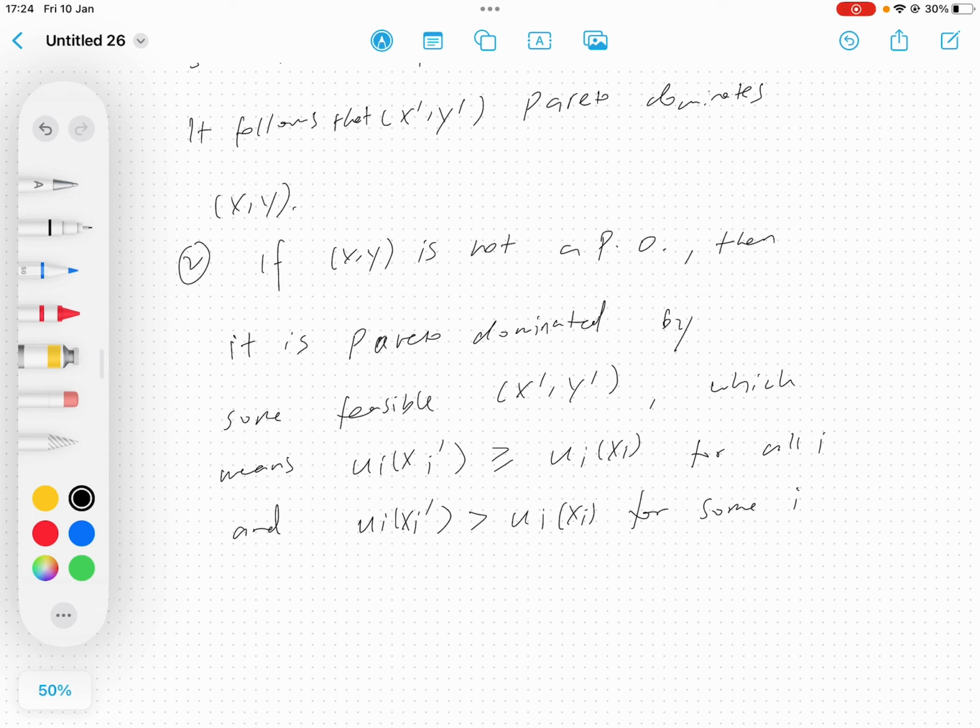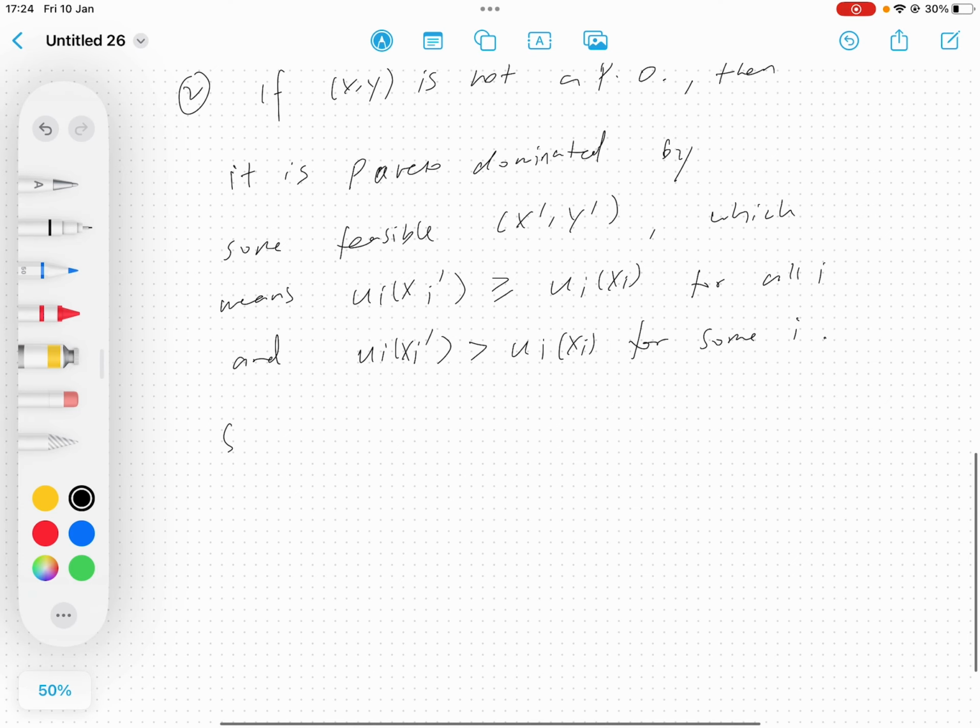Therefore (u1(x1) up to uI(xI)) is not in UP, and this finishes the second contraposition.